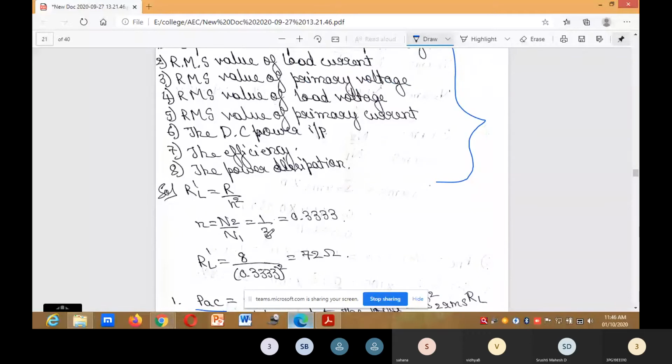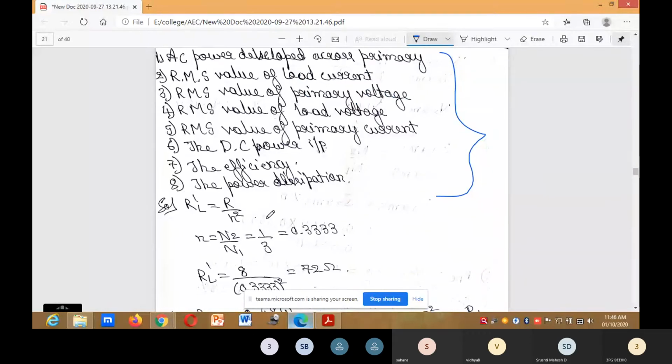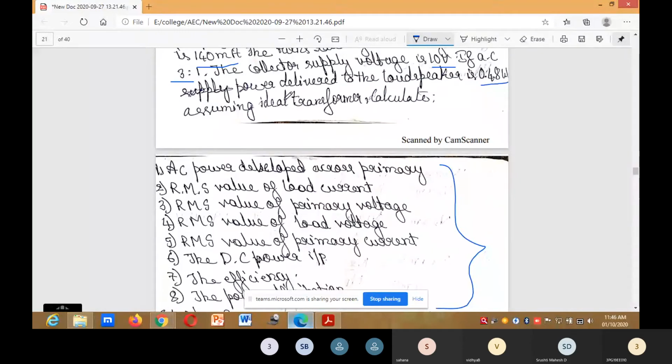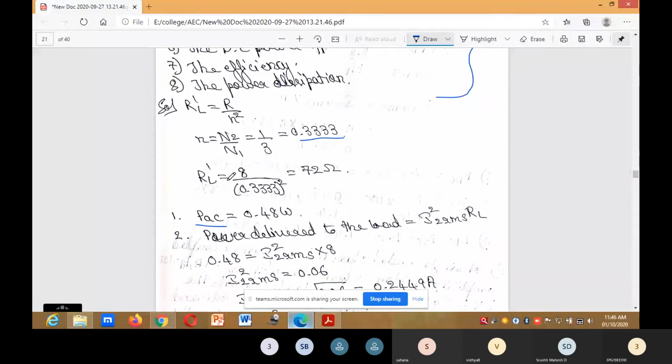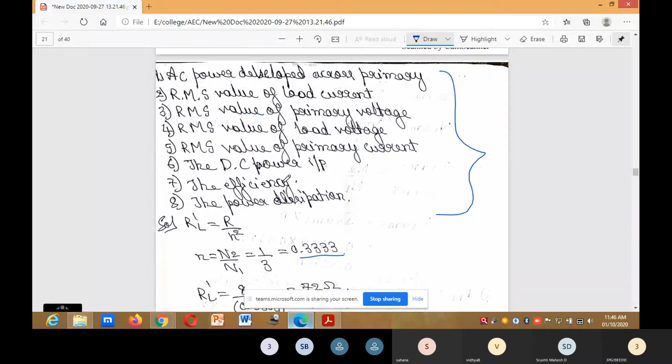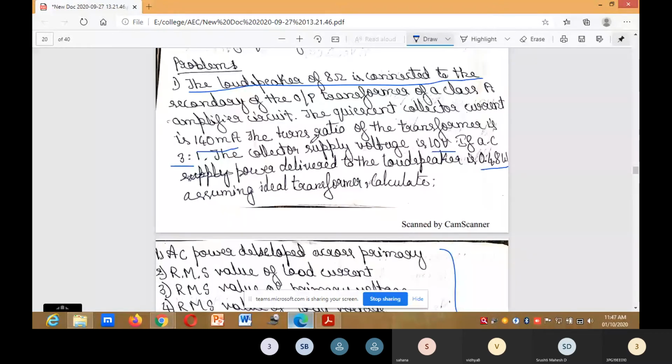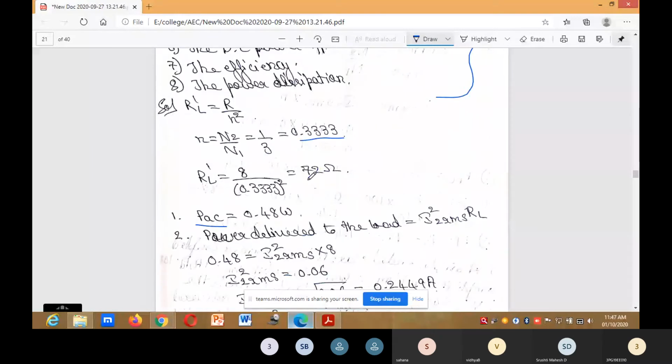The ratio given is 3:1, so 1 divided by 3 gives 0.33. RL dash is equal to 8 divided by 0.333 squared. The R value given is 8 ohm. Substituting, you get 72 ohm for RL dash.